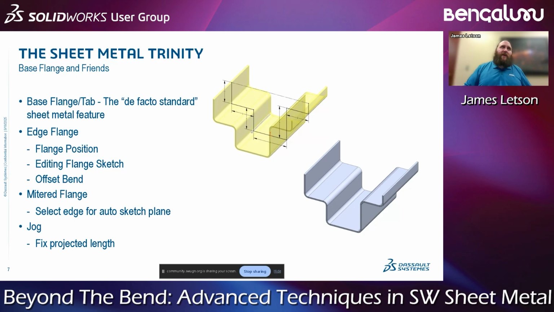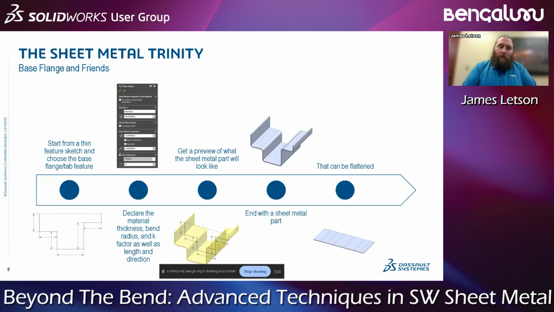But I feel like there's a few things within these features that can be overlooked, or some tools, or small checkboxes within these tools that are very powerful that people tend to not know what they do or don't know that they're there. So that's what I'm going to talk about here, right? Just like with insert bend, we're going to start from a thin feature sketch.